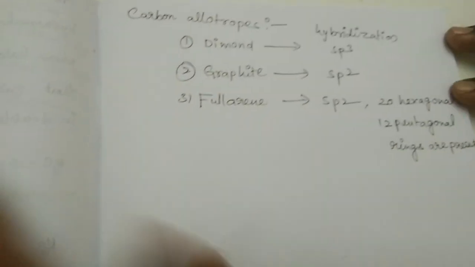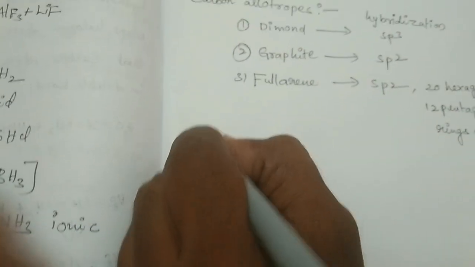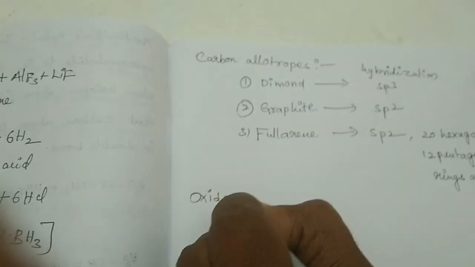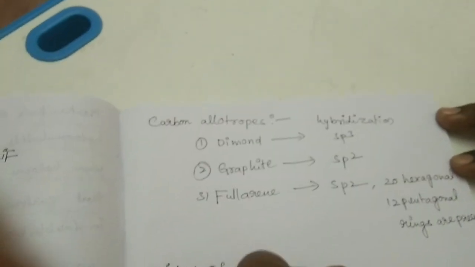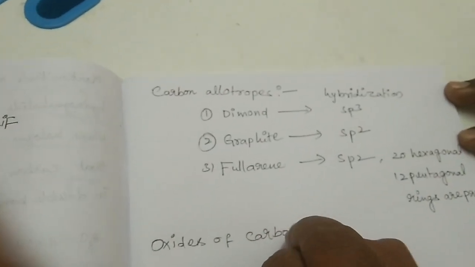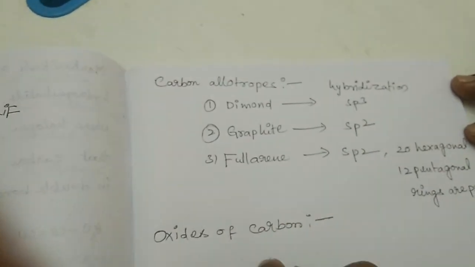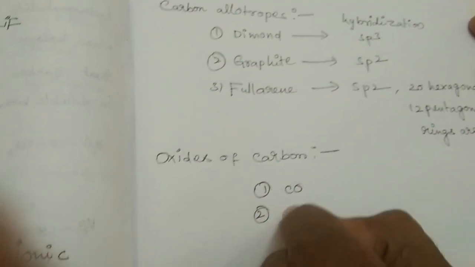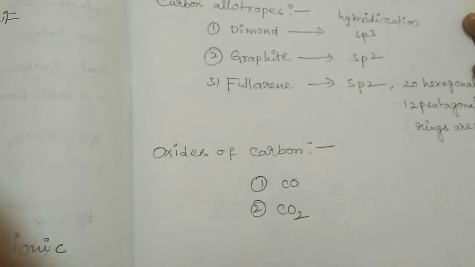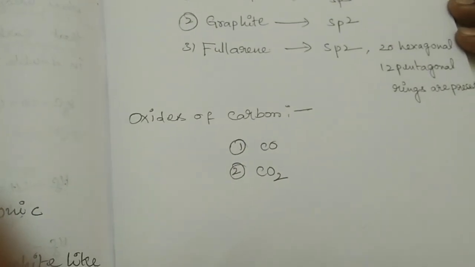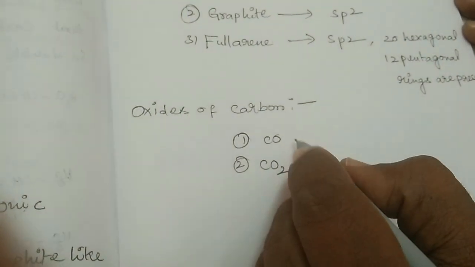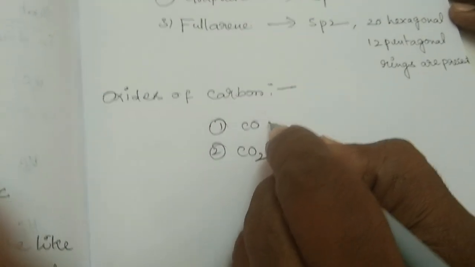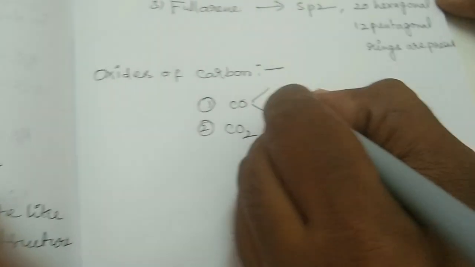And the oxides of carbon: one is carbon monoxide, second one is carbon dioxide. Carbon monoxide is important and it can form two gases.